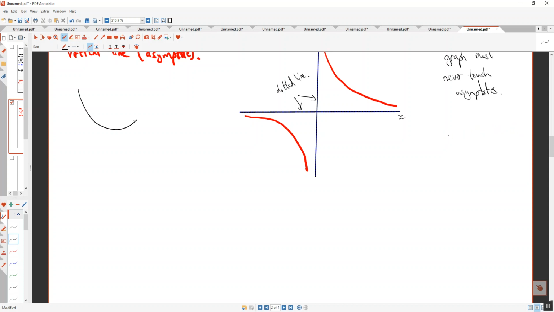F of x is 1 over x. What's the inverse of 1 over x? How do you work out the inverse? Oh my gosh. It's just 1 over x. Thank you, Sam. I was solving in my head, I'm like, it's just the same thing.